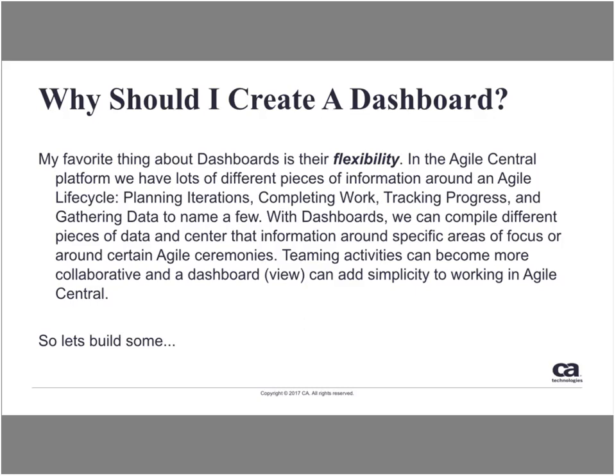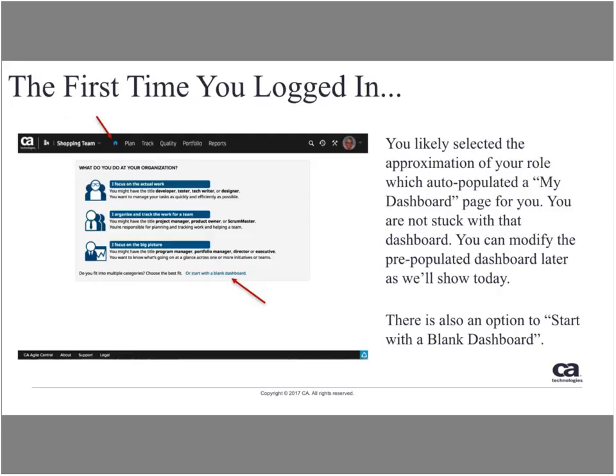This is the purpose of having dashboards and setting those up, whether it's for your own personal use, whether they're team perspective dashboards, or whether it's for a manager, program manager, or a director. It really doesn't matter because you have full flexibility on how you configure these and set them up.